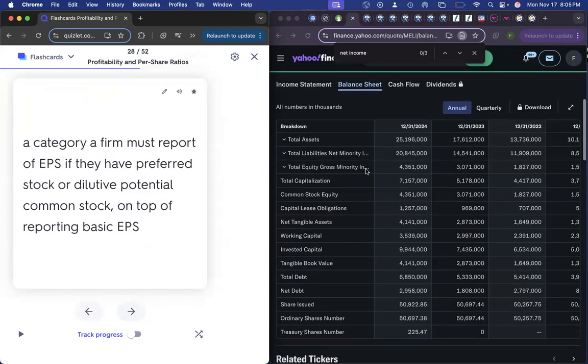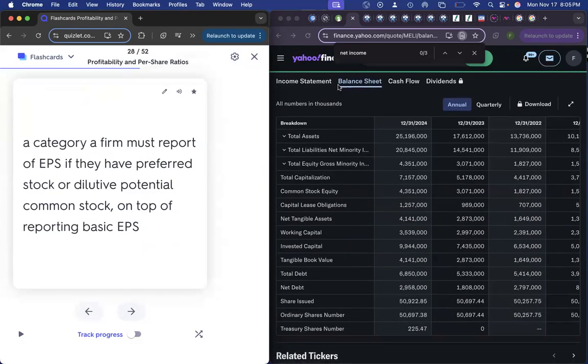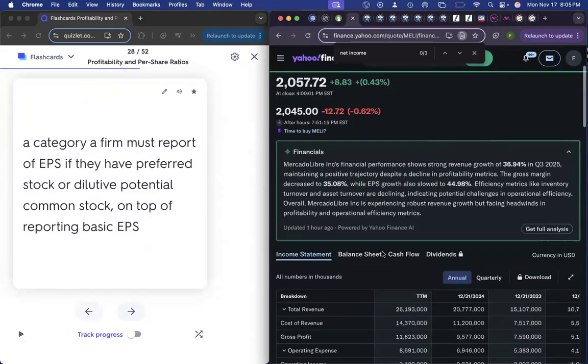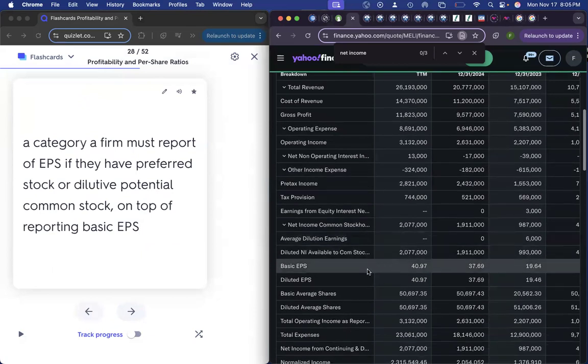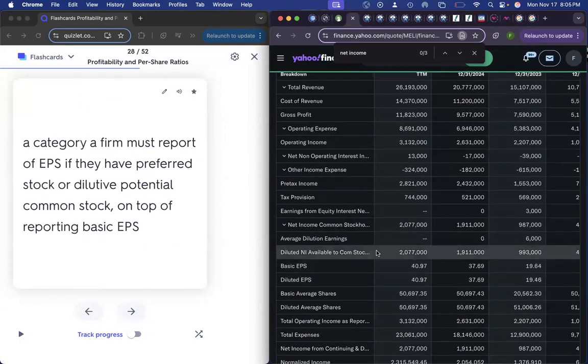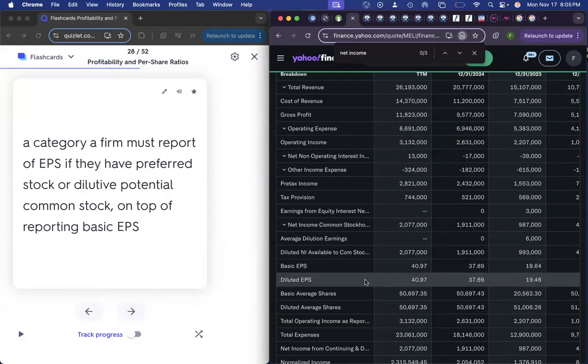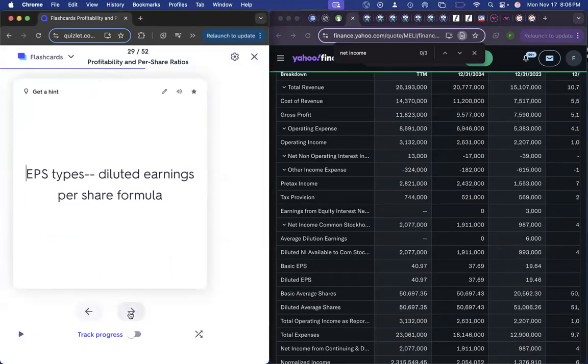And since we saw that they don't have preferred stock, and I saw over here on the income statement, diluted net income available to common stockholders is the same as net income. Basic EPS is the same as diluted EPS and diluted average shares. That means they also don't really have that going on, but we're still going to cover this.